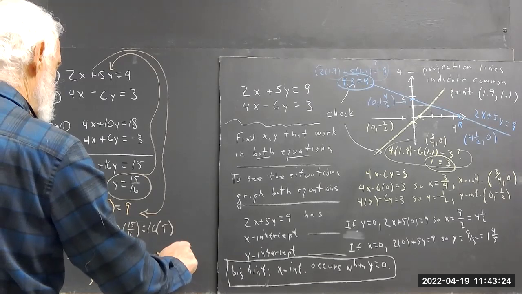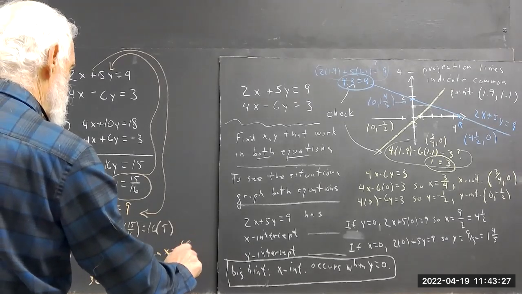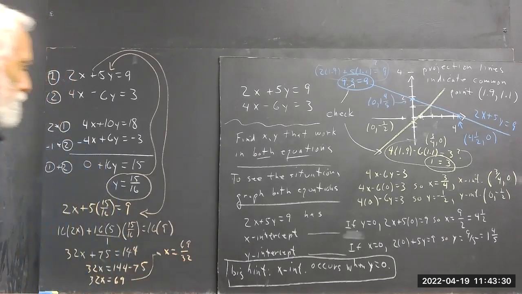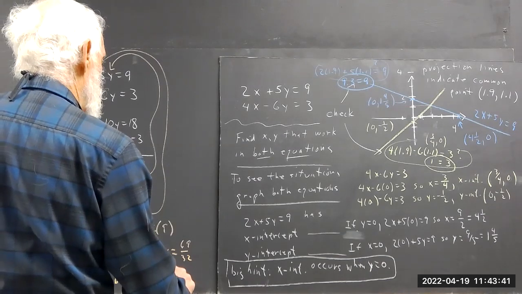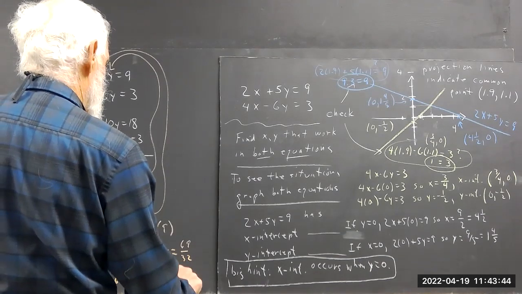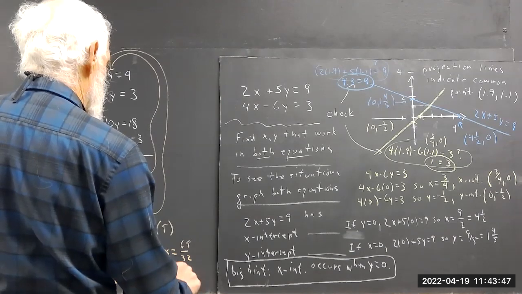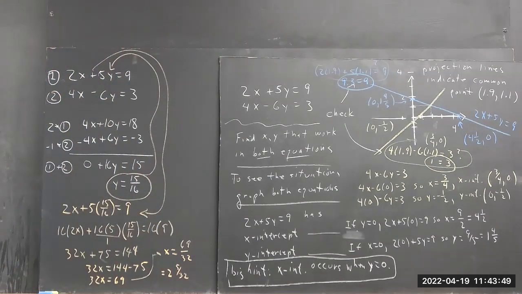And x equals 69 over 32, which is 2 and 5/32, which is about 2.16.